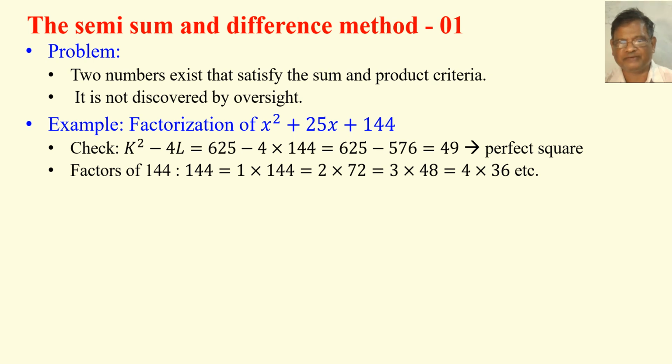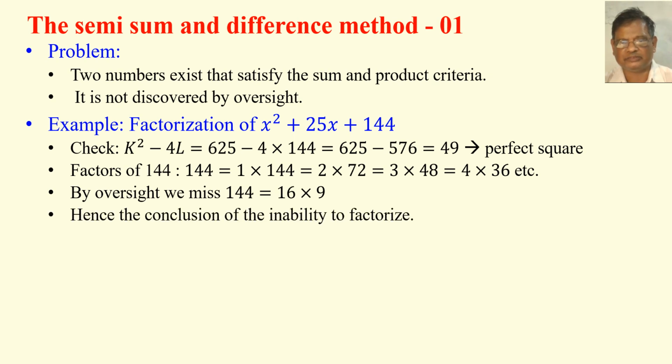Now we determine the factors of 144, such as 1 times 144, or 2 times 72, or 3 times 48, or 4 times 36, etc. But by oversight, we miss the pair of factors 16 times 9. Hence, the conclusion of the inability to factorize.